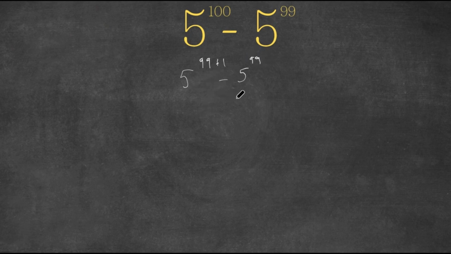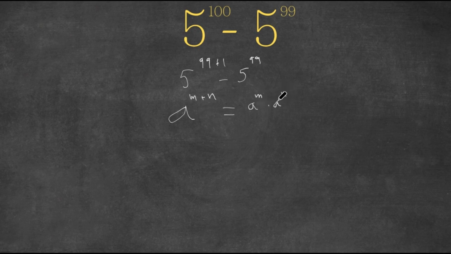All right, so now that we have this, we're going to use an important property of exponents. Let's say we have a to the power of m plus n. This is also written as a to the power of m times a to the power of n.